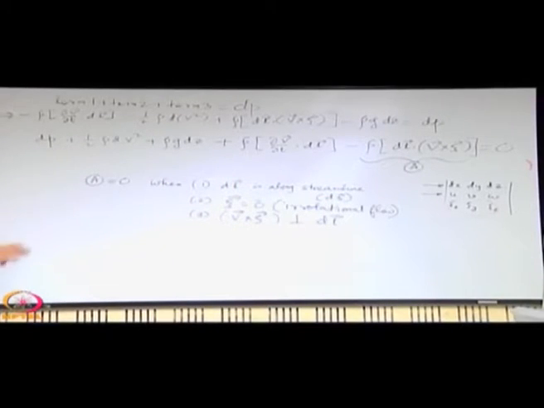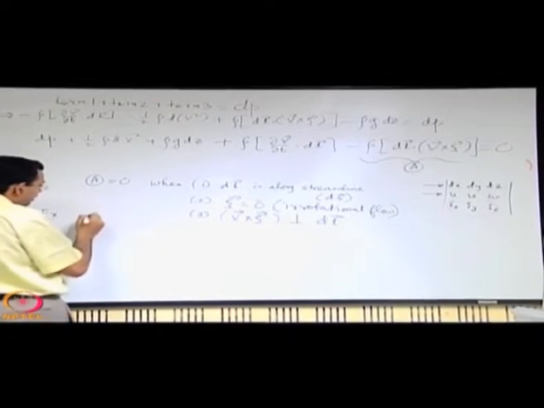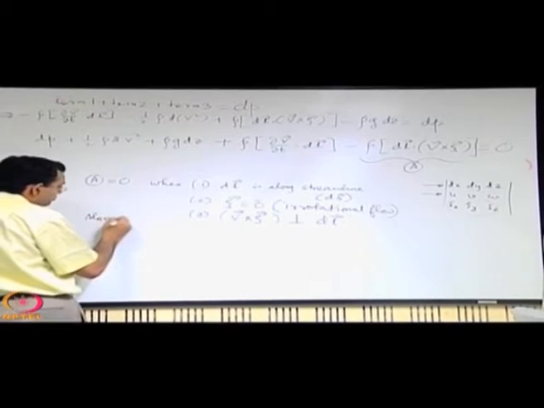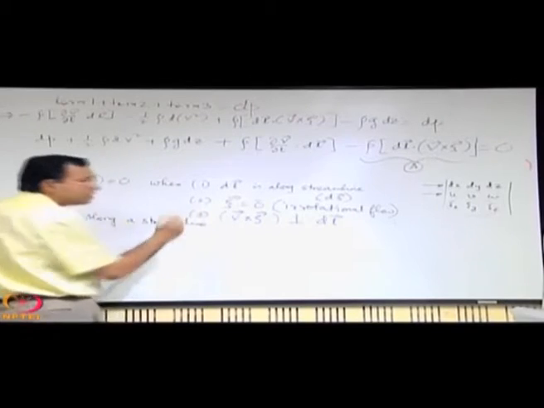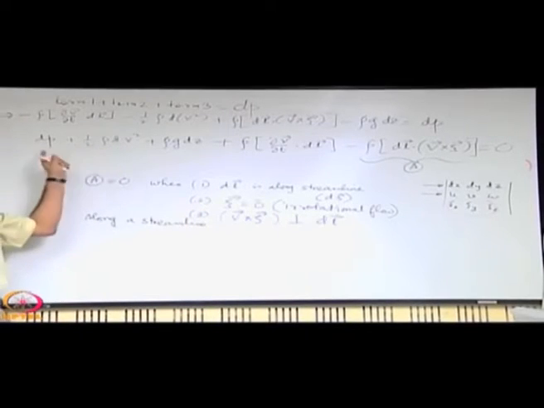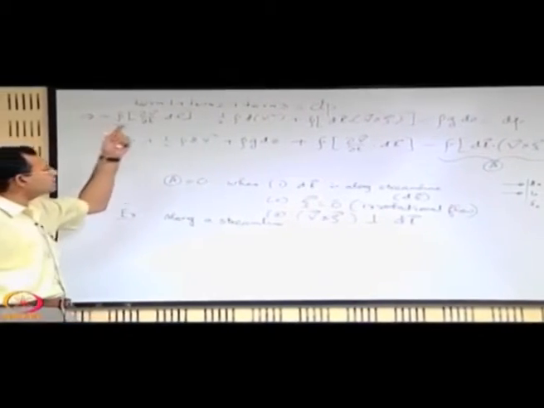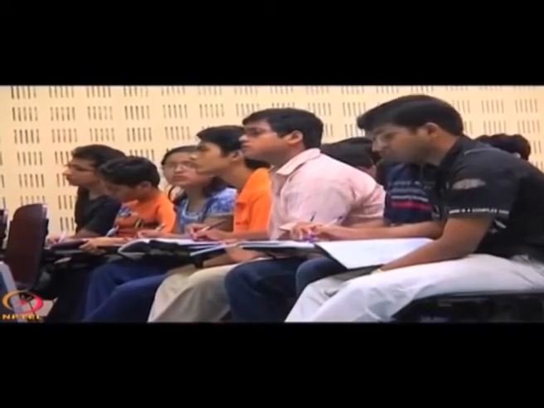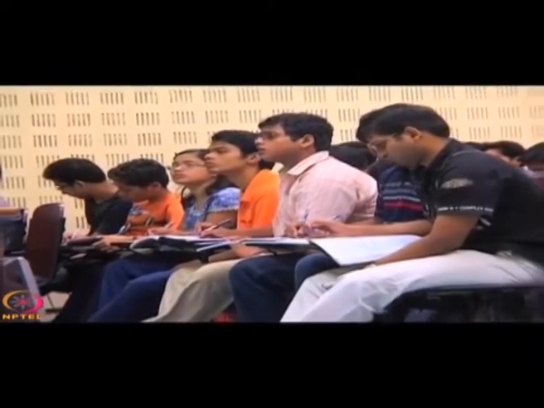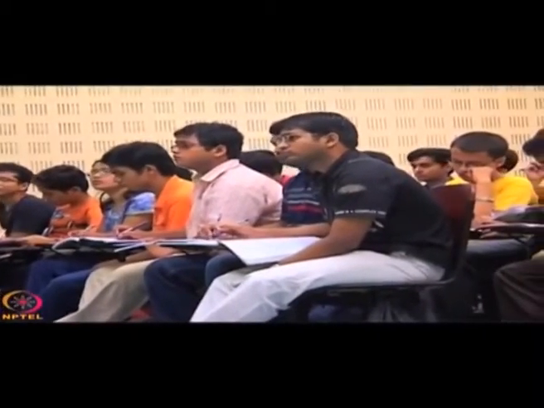So let us say that we take an example, we are considering along a streamline. What do we mean by along a streamline? That means we are interested to find out these changes. See, this relates change in pressure, change in velocity, change in elevation with respect to a change in position vector from point 1 to point 2.